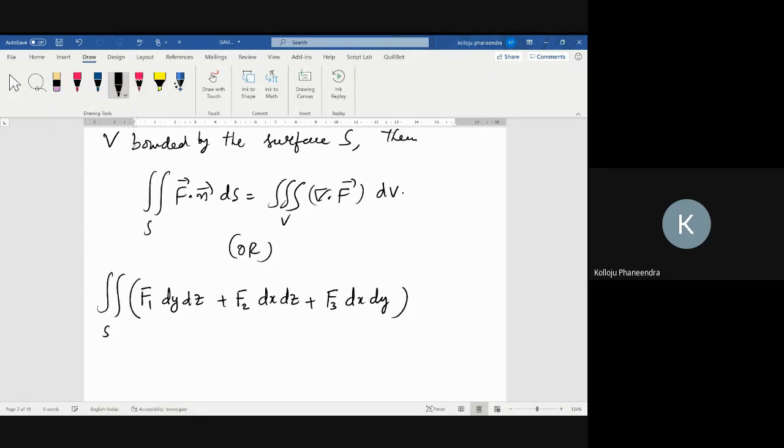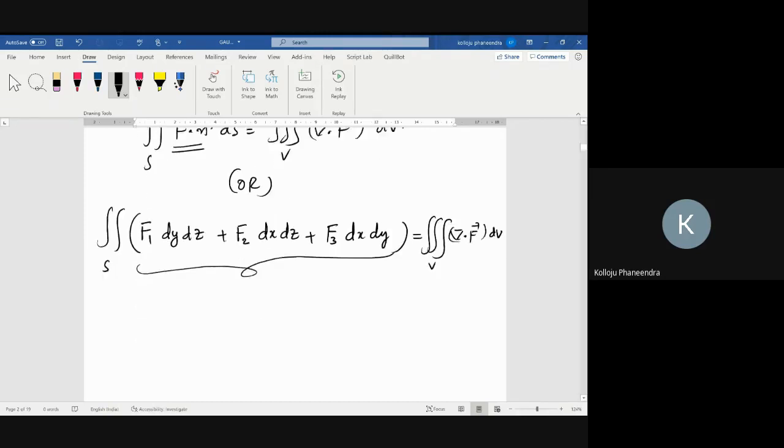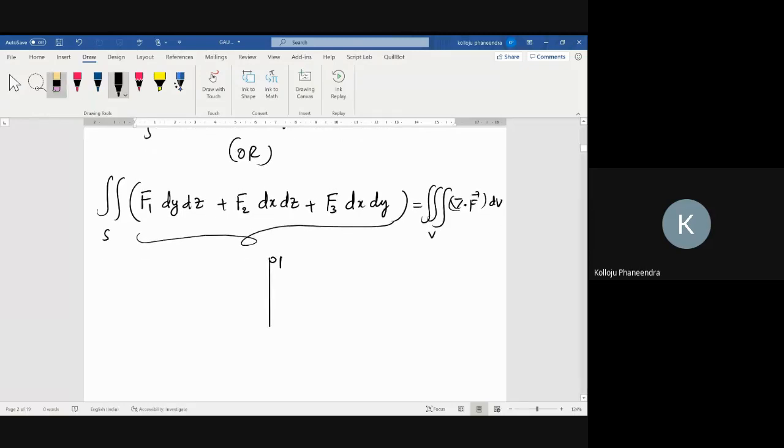This is the theory. That means this f bar dot n bar reduces to this structure, with no change on the right side. One can write del dot f bar dv, or one can write in this manner: double integral over S of f1, the ith component, means x direction, then dy dz plus.